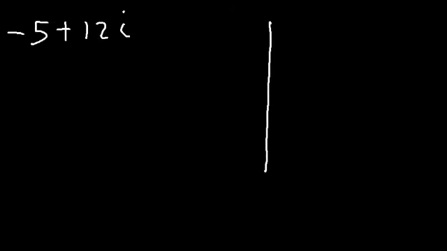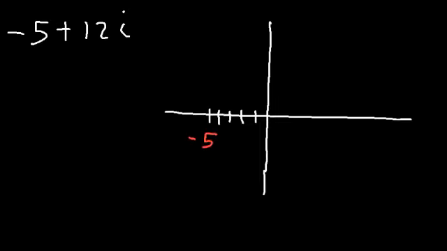Now let's try another example. Go ahead and plot this number, negative 5 plus 12i, and also go ahead and calculate the absolute value at the same time. So this time we need to travel negative 5 units to the left, that's on the real axis, and on the imaginary axis we need to travel 12 units up.